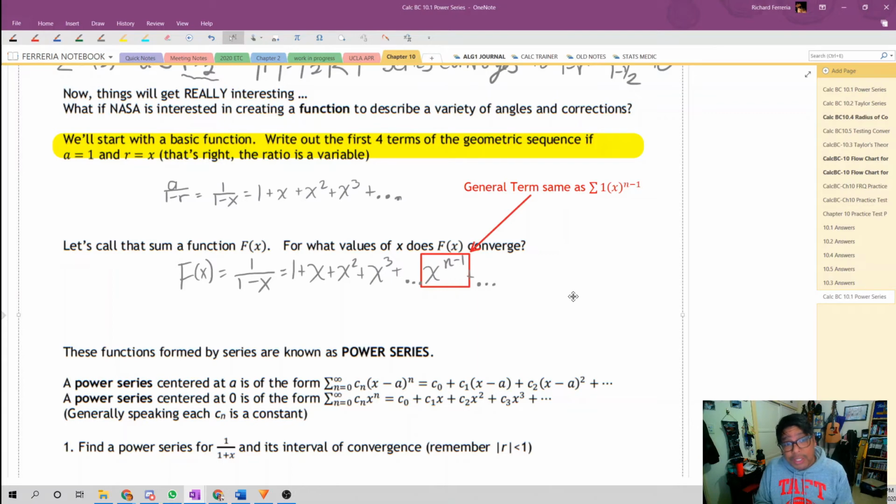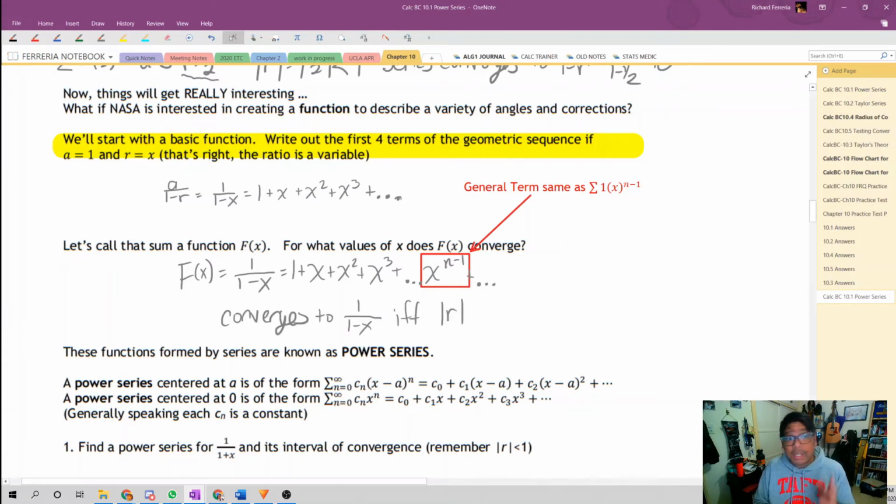Because this is just a geometric series, it's going to converge to the sum, which is 1 over 1 minus x, if and only if the absolute value of r, which is the absolute value of x, is less than 1. We can rewrite that absolute value of x less than 1 in a couple of different ways. We can write it as negative 1 is less than x is less than 1.